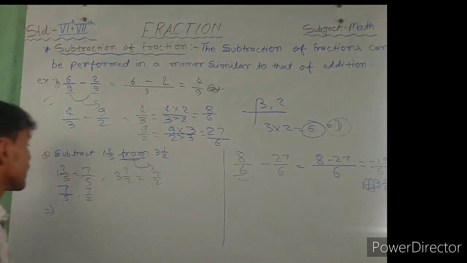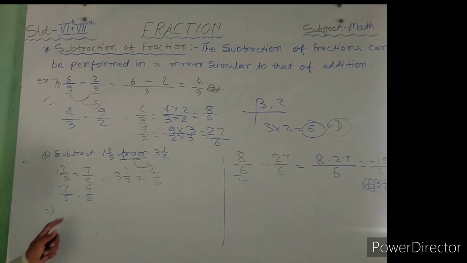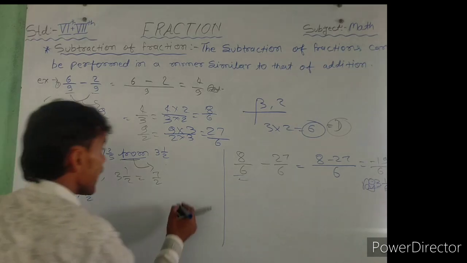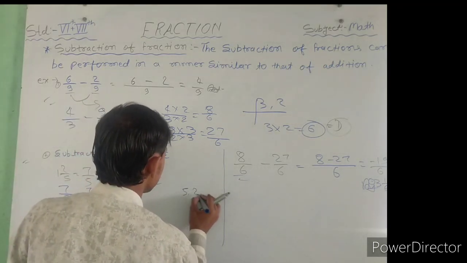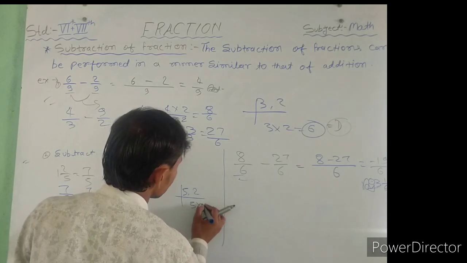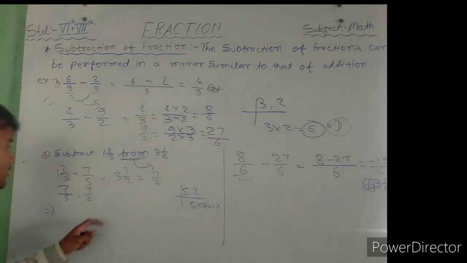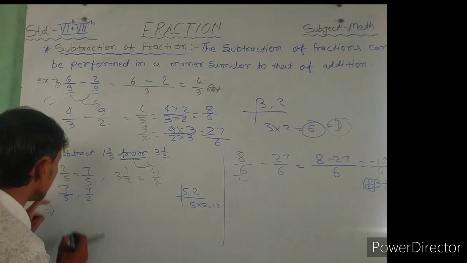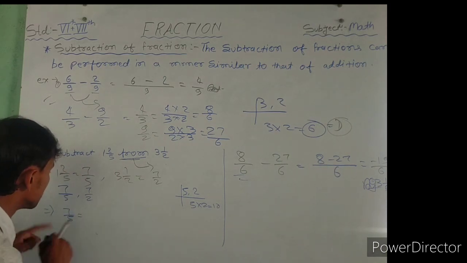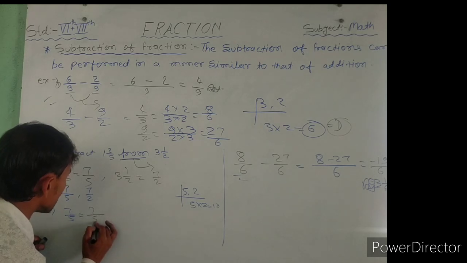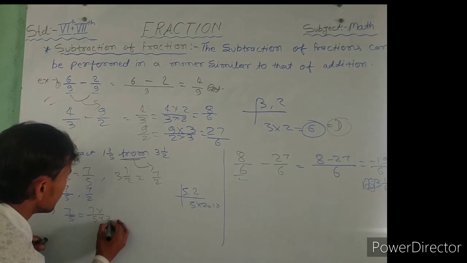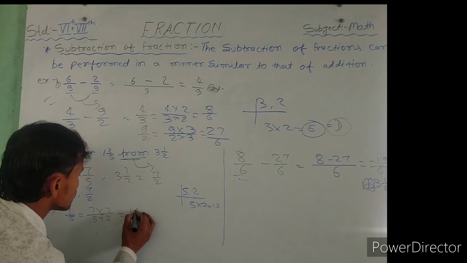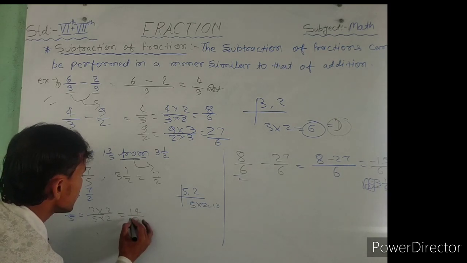So if you change to like fractions, what do you do? Firstly you take the LCM. LCM of 5 and 2 is 5 multiplied by 2, which is 10. That's the LCM. So 7 by 5 is equal to 7 by 5 multiplied by 2: 7 2s are 14 and 5 2s are 10.